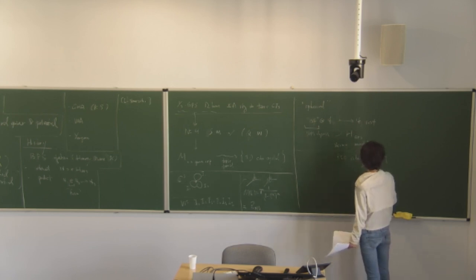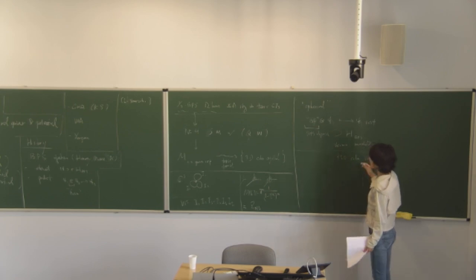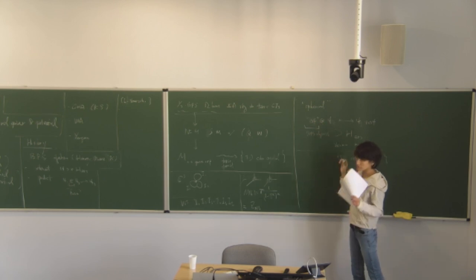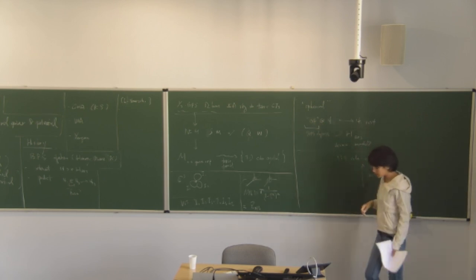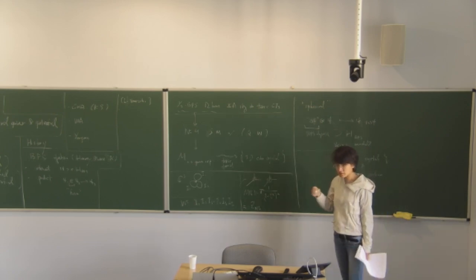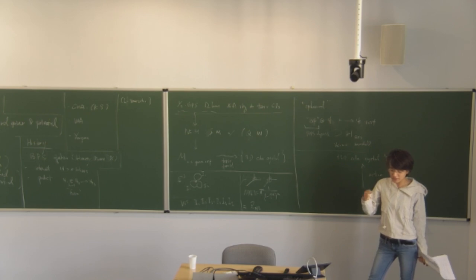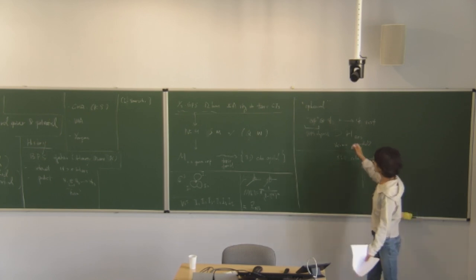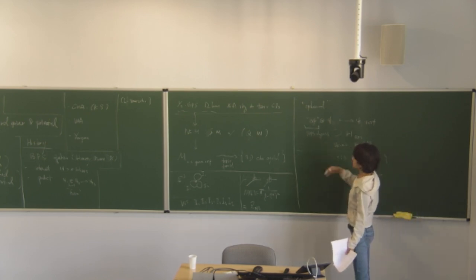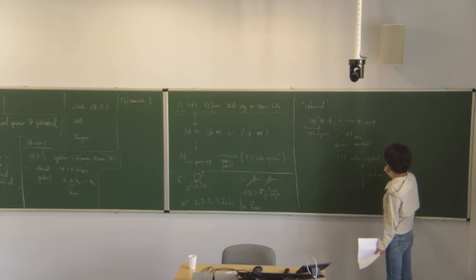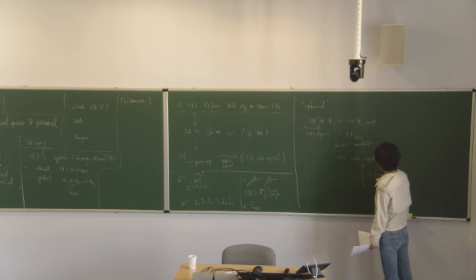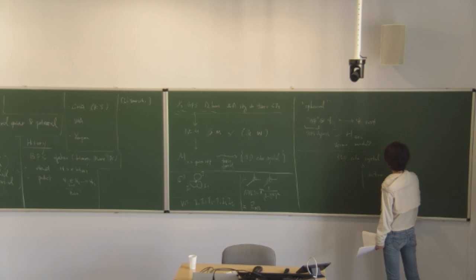This action is fixed by demanding that it should reproduce the fusion process. In particular, you want this action to be cyclic. If you start from any state, by applying this BPS algebra repeatedly, you can reach any other states. And you also have to satisfy some conditions such that you always land on the allowed crystal states.